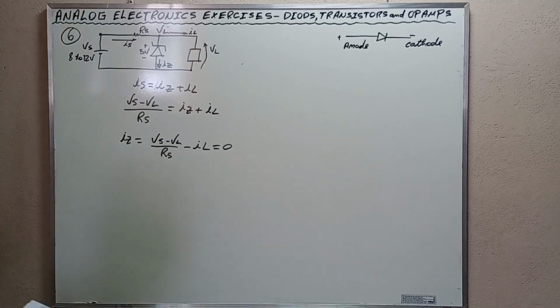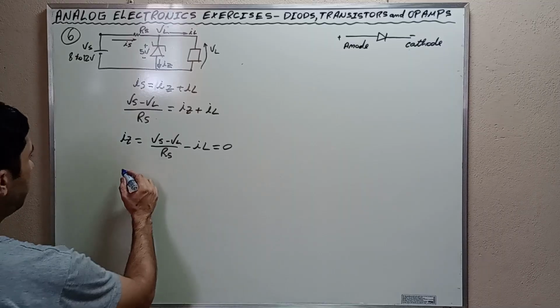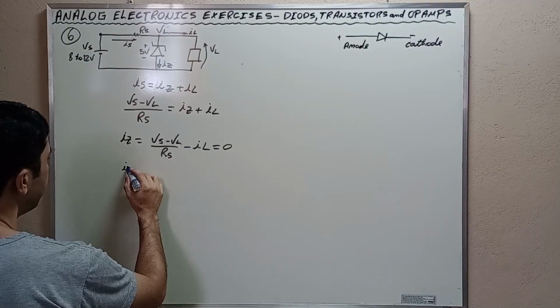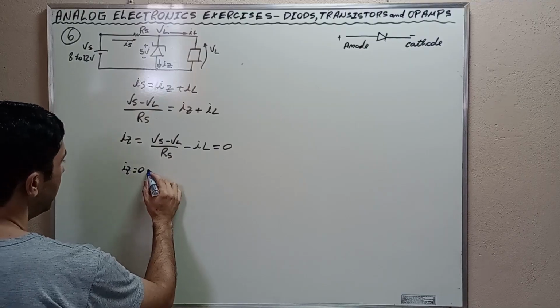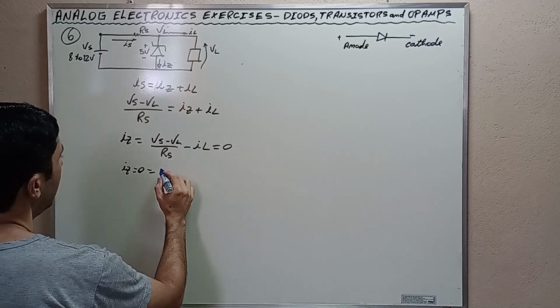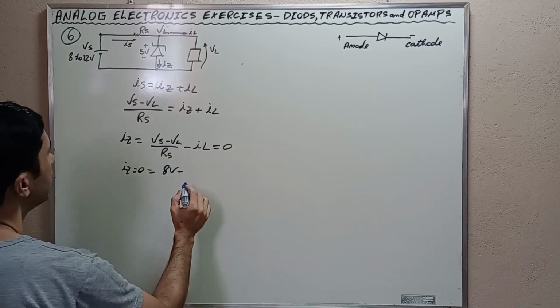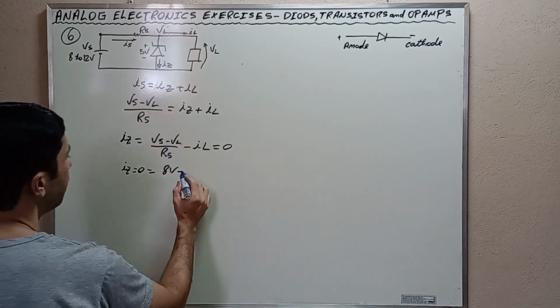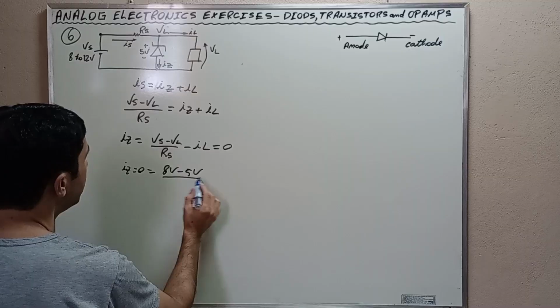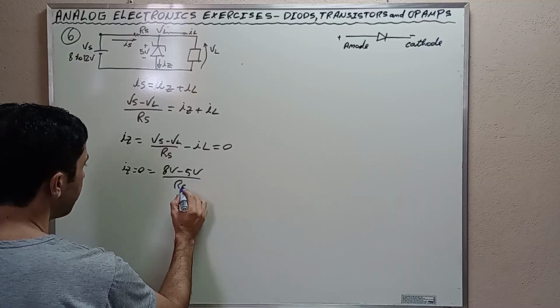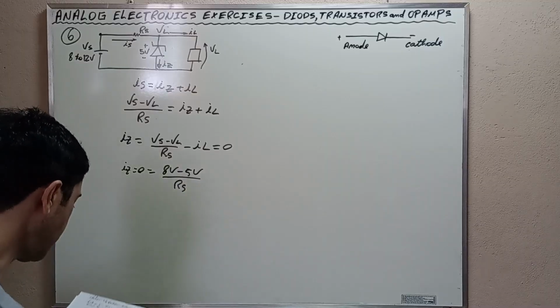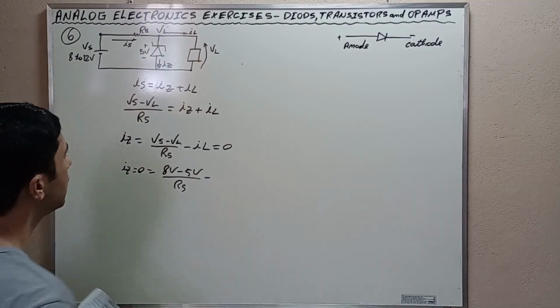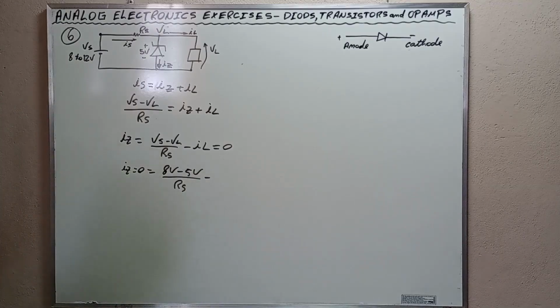And substituting the values, we find that Iz equal to 0 is equal to Vs, 8 volts, minus VL, 5 volts, divided by Rs, minus the current that goes to the load.